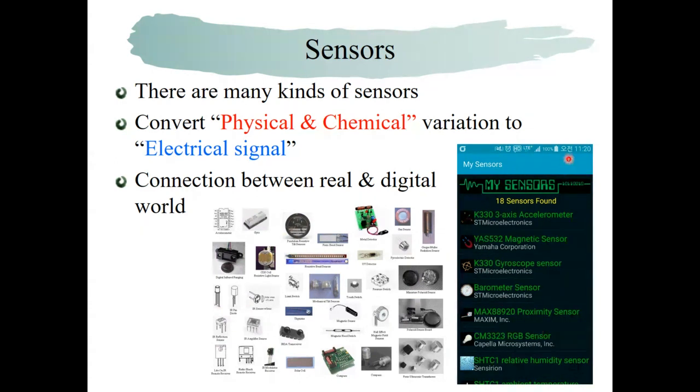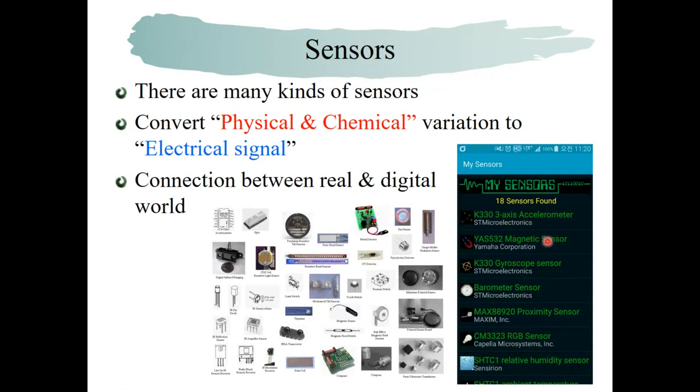This cartoon is a screen capture of my old smartphone. In the App Store, you can find many apps if you search by the keyword sensors. For example, in this screen, there are many kinds of sensors in my smartphone.